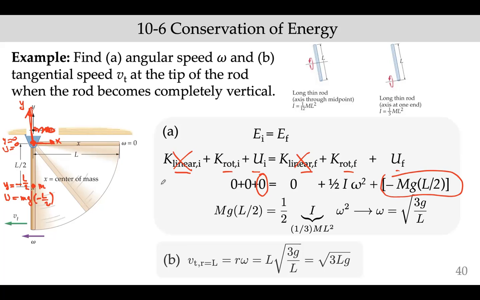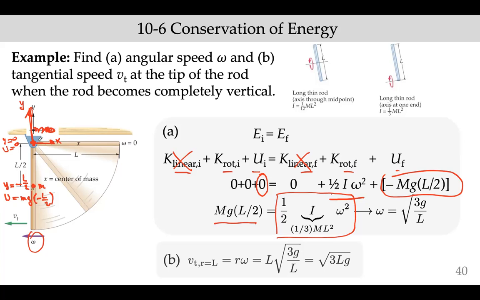Now, what is the final rotational kinetic energy? Because it's doing rotation with a certain angular speed, the rotational kinetic energy will be 1/2 I omega squared. Now I'm going to take this potential energy term to the left-hand side, so the negative sign becomes positive. And on the right-hand side, I only have this rotational kinetic energy term.